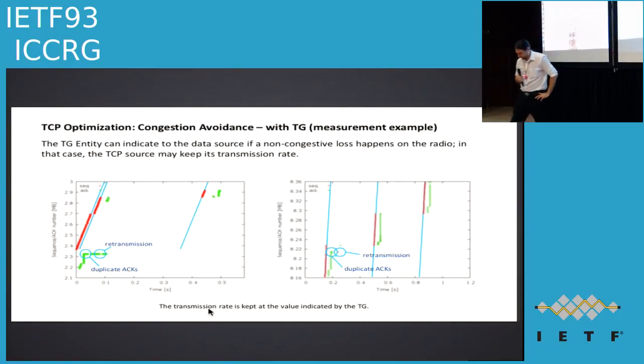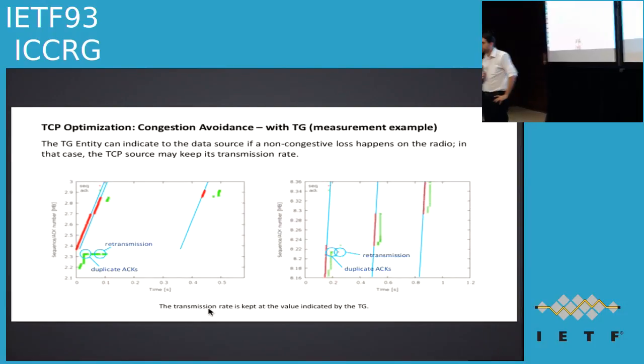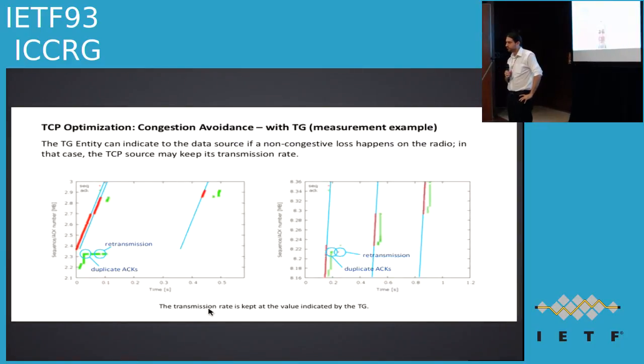My name's Stuart Cheshire, from Apple. The observation I'm making here is you're saying there are some radio technologies that have losses that aren't due to congestion, and the thought that occurs to me is, when a packet is going 30 hops across the internet to two different end systems far away, and there's a hop somewhere in the middle that has some peculiar properties, I would think that that hop is in the best position to know the peculiarities of that link, rather than expecting something 30 hops away to compensate for it.